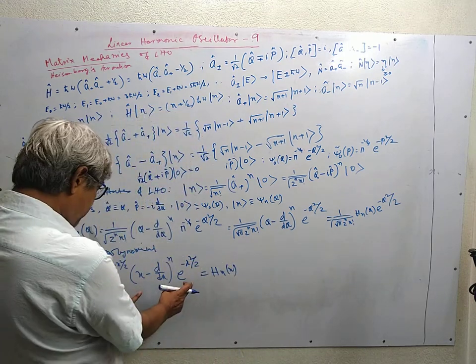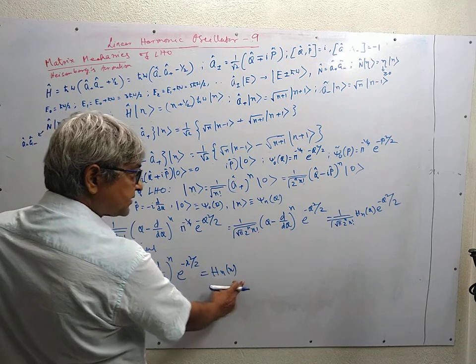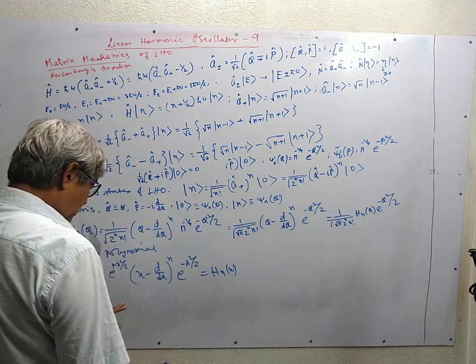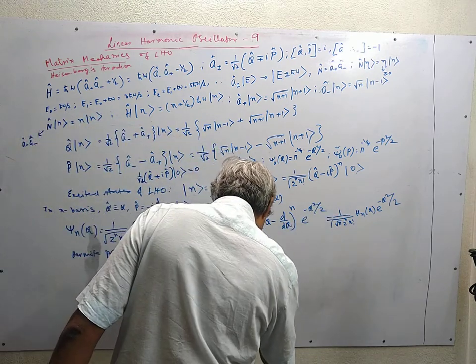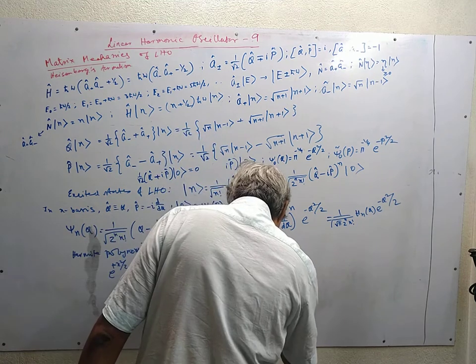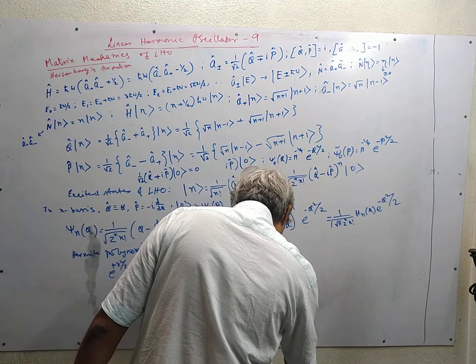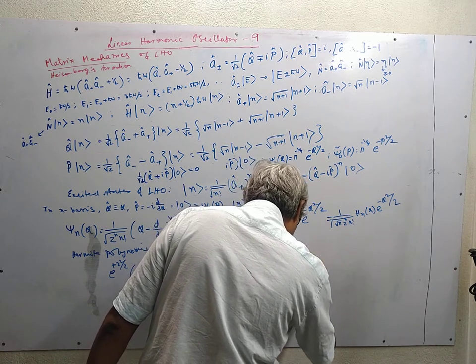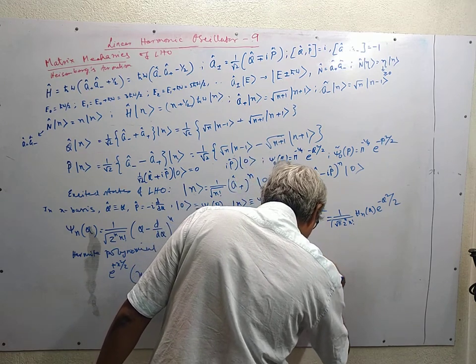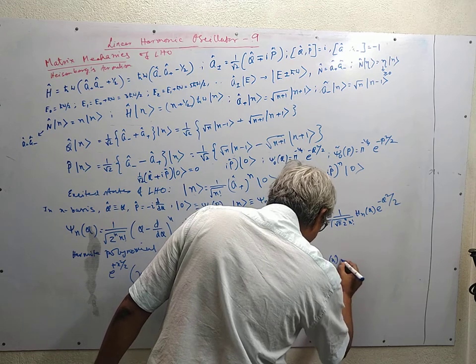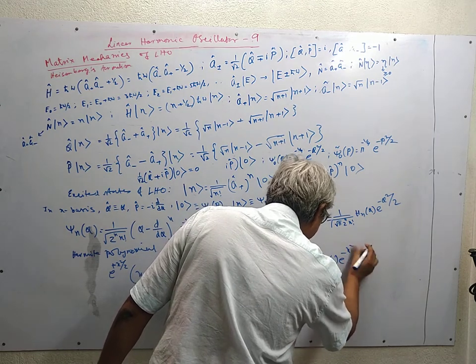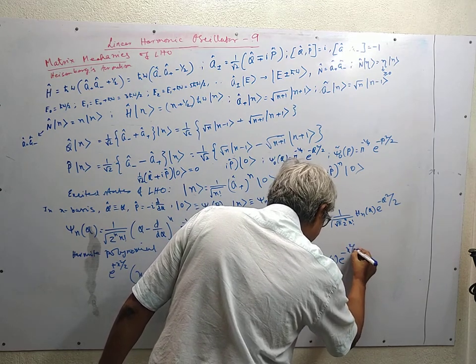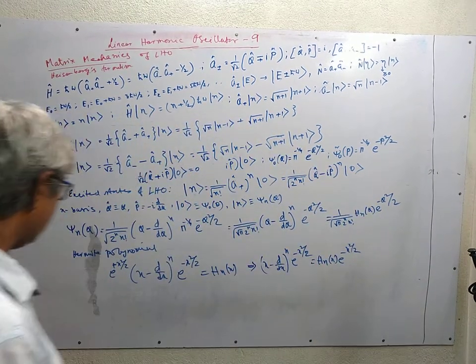We have this term, and when this is taken on the other side, this can be written as (x minus d/dx) operating on e to the power minus x square by 2 is Hn of x e to the power minus x square by 2. So this is the result.